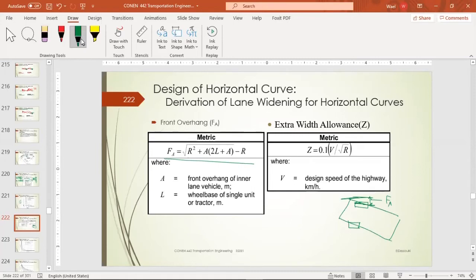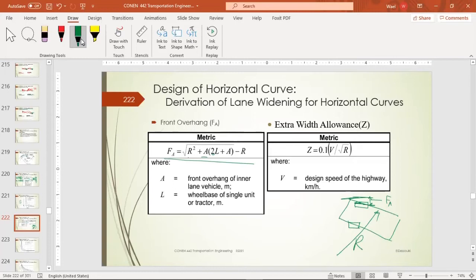The square root of R square plus A multiplied by (2L plus A), minus R. R is the radius of rotation of the curve. So what's A and what's L? A, that's the front overhang of the inner lane vehicle. L, that's the wheelbase of the single unit or tractor.